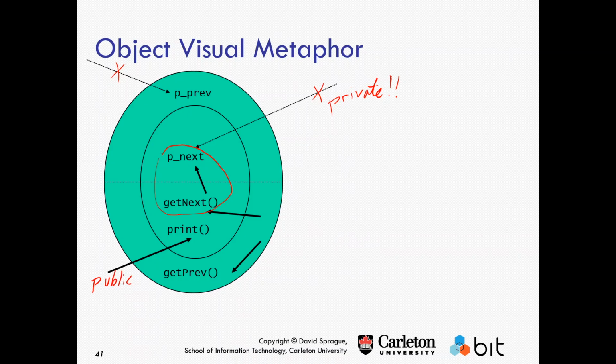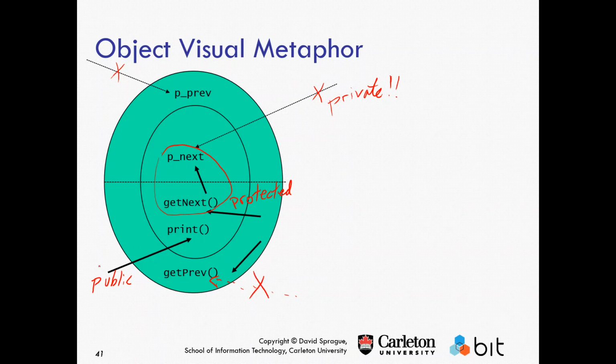The function print is a public function. The functions getNext and getPrevious are both protected functions within the class hierarchy, from either doubly linked list node or linked list node. I still have access to getNext and getPrevious, but outside of this, nope, no access.